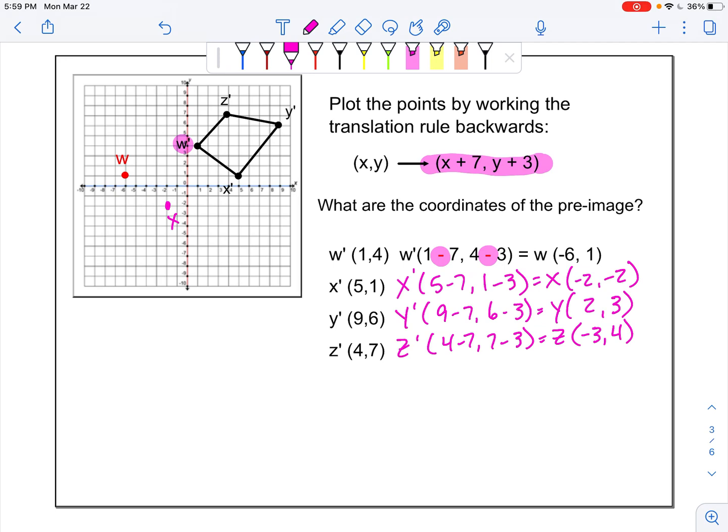There's my y. And then I'm going to be at -3, 4. And there's my z. So when I redraw it, you can see that it's going to be that same shape. So basically you're doing the opposite of what it did to get it to its current position.